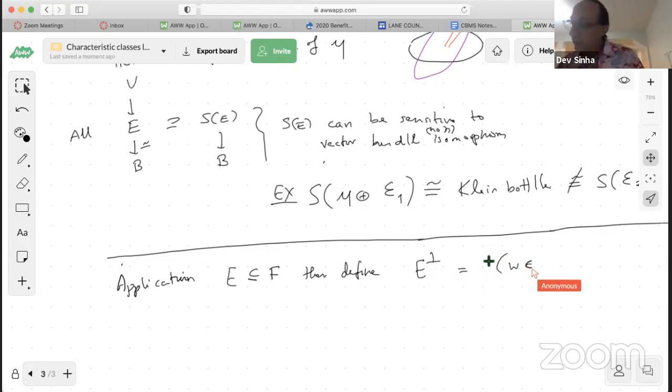W in F, so that W inner product with V is 0 for all V in E.